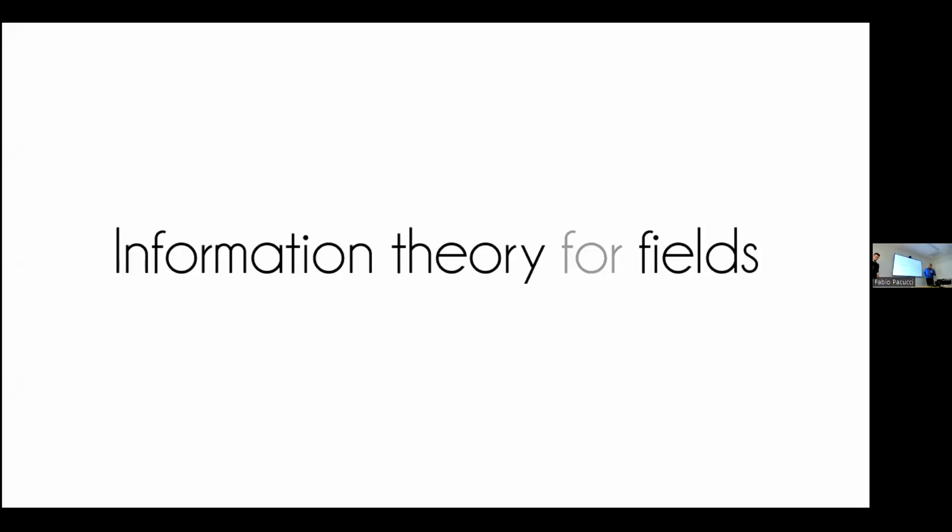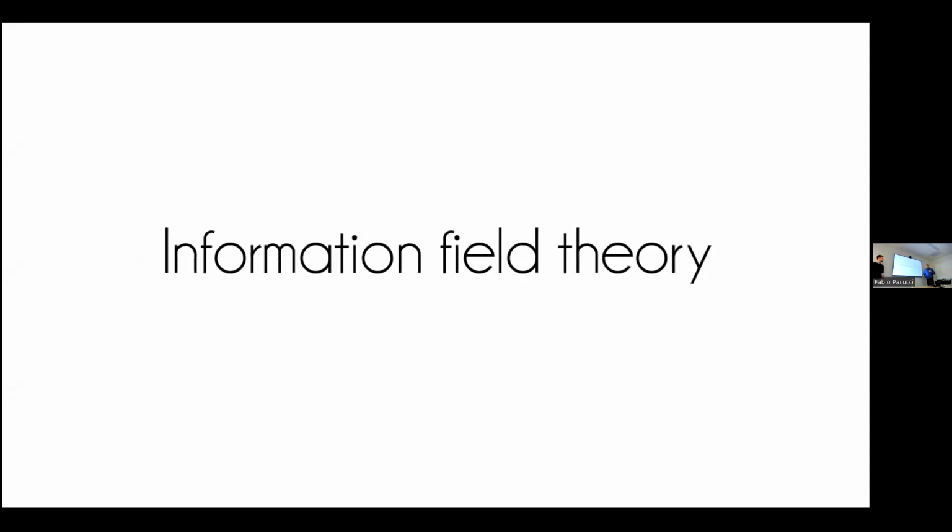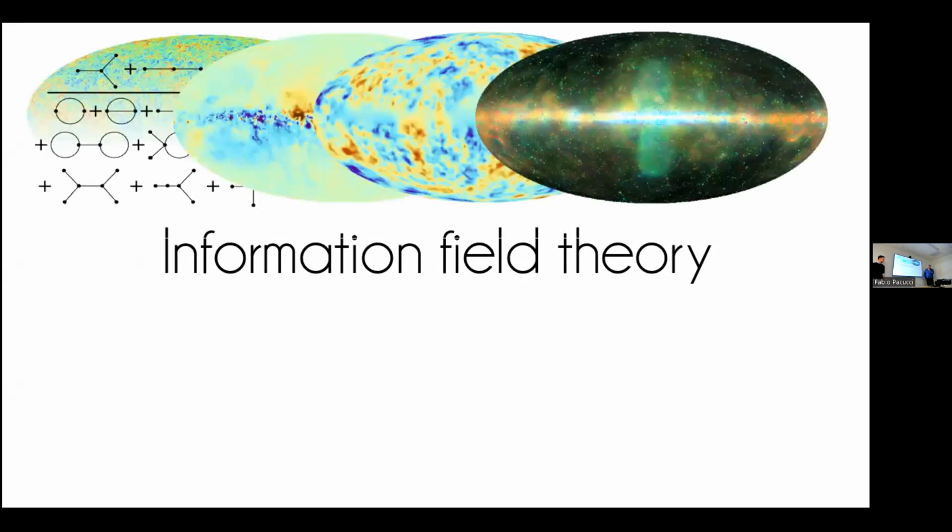So we want to do information theory for fields, for short information field theory. That's what it is. Bayesian reasoning for fields. And it means that one has to deal with the space of all field configurations, and that's a functional space, and has to do probability theory over that. And that's what mathematical physicists have developed statistical and quantum field theory for.